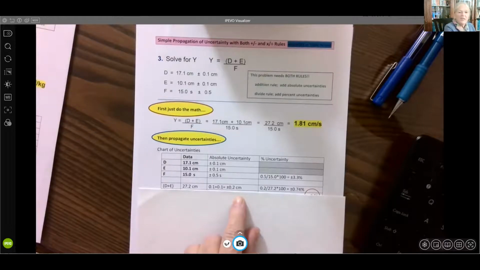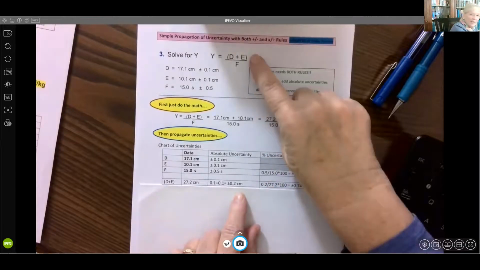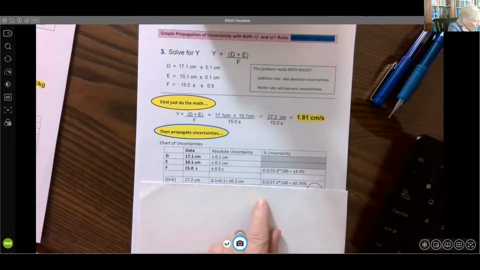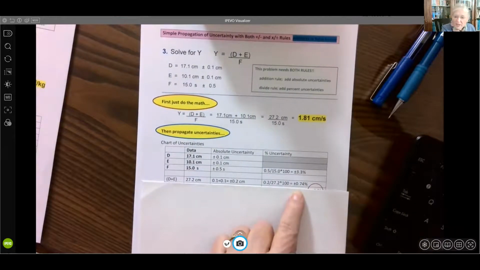Now, since I am going to eventually divide the parentheses by F, I know I need to take the parentheses and also turn it into a percent uncertainty. I do that by taking the absolute uncertainty, dividing it by the value, multiplying it by 100. Since this percent is less than 2%, I'll hold on to 2 sig figs.